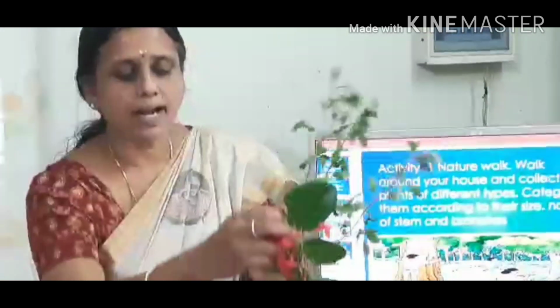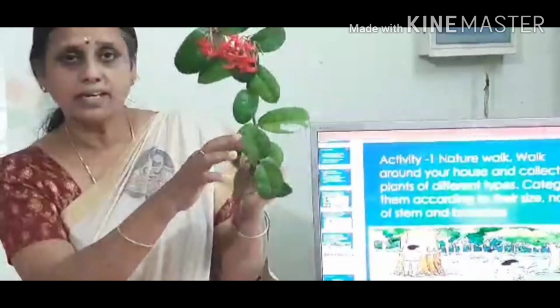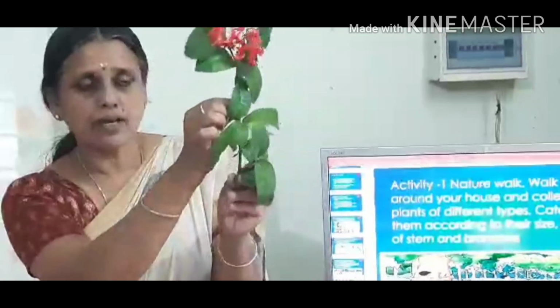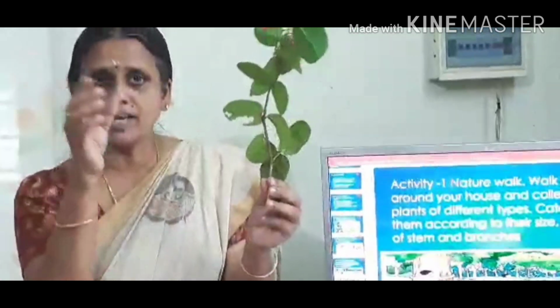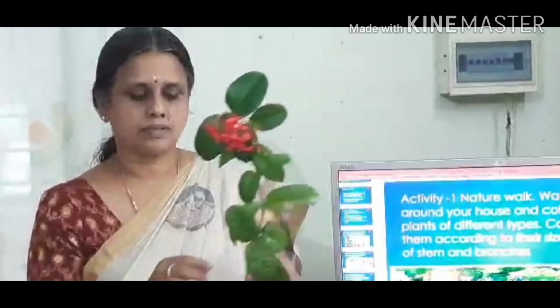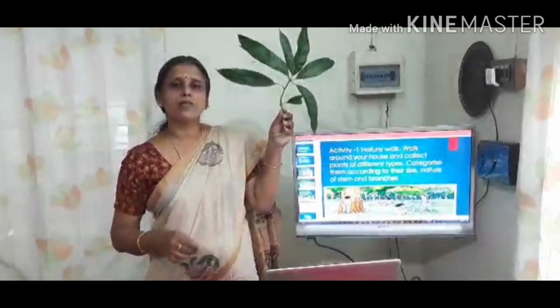I have an Ixora plant with me. This is also coming under shrubs. It has a hard stem, but not very thick, and it grows up to my shoulder length, so it's coming under shrubs. Then trees also, I have here a mango tree.